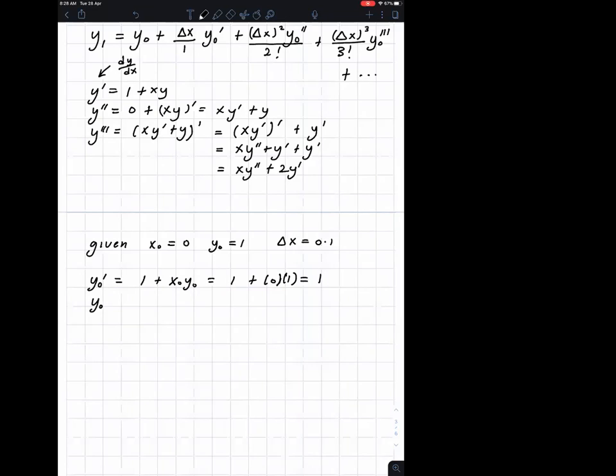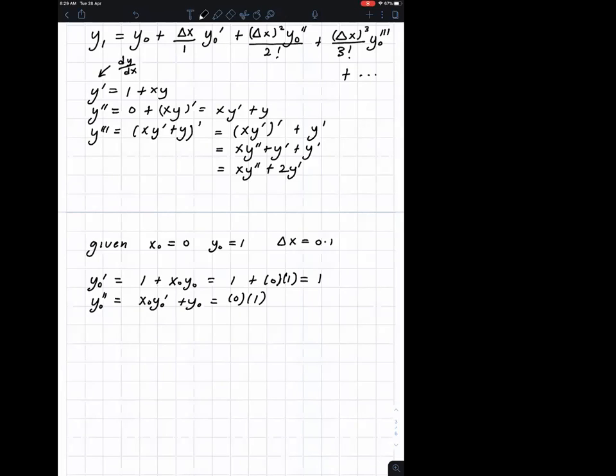Y naught double prime is x naught y naught prime. Zero, 1, you just plug in 0 and 1 at y naught, y prime.